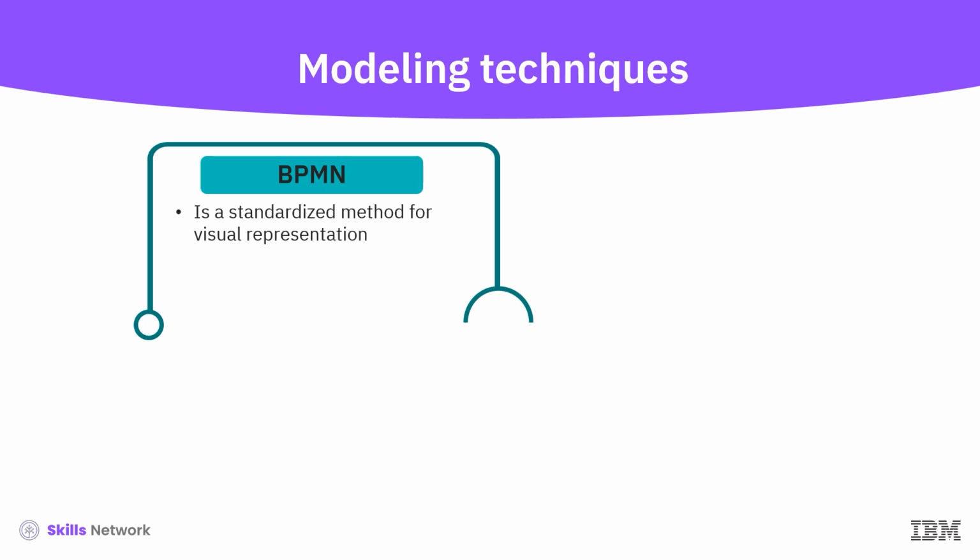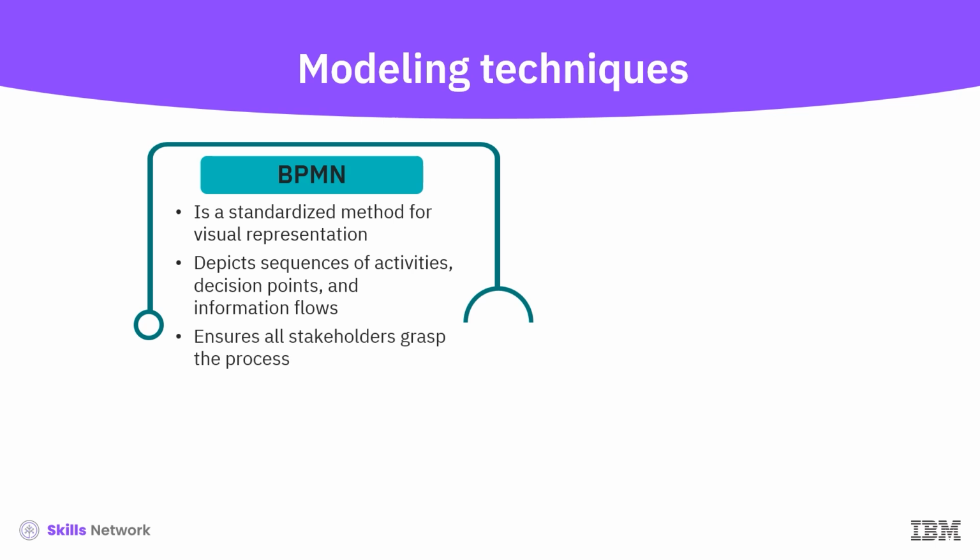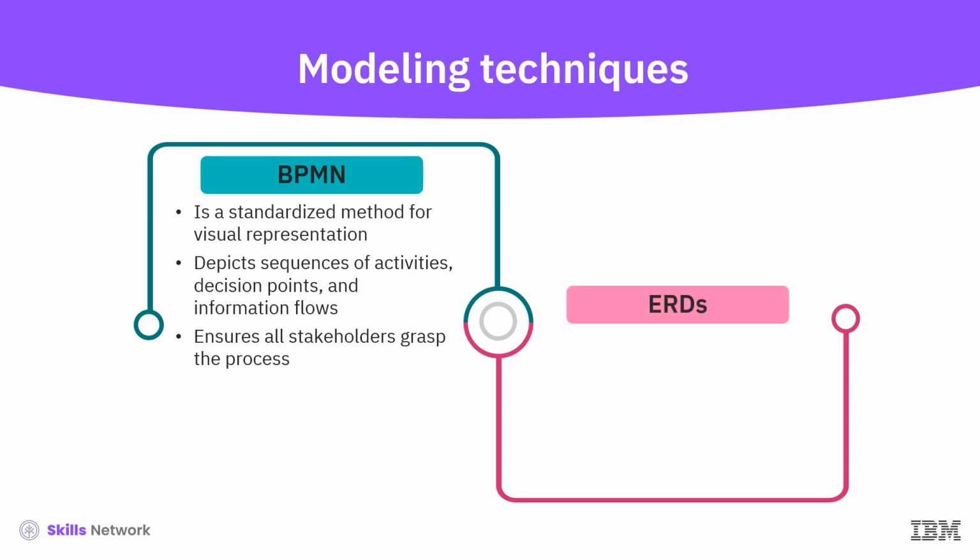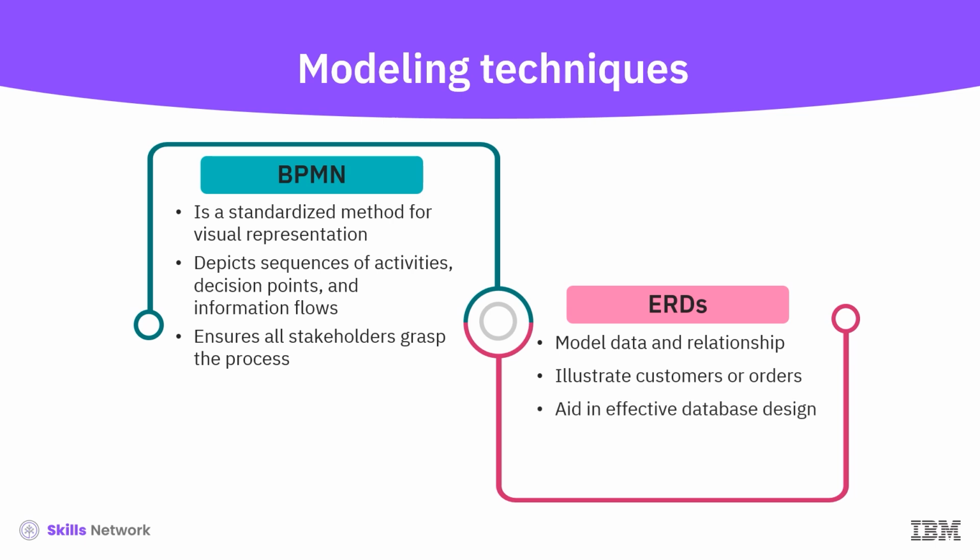It utilizes flowchart symbols to depict sequences of activities, decision points, and information flows, ensuring that all stakeholders can grasp the process comprehensively. Entity Relationship Diagrams, or ERDs, are used to model data and relationships within a system. ERDs illustrate entities, such as customers or orders, and the relationships between them, aiding in effective database design and ensuring a clear understanding of data interactions.